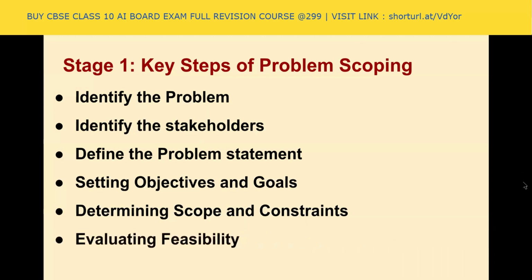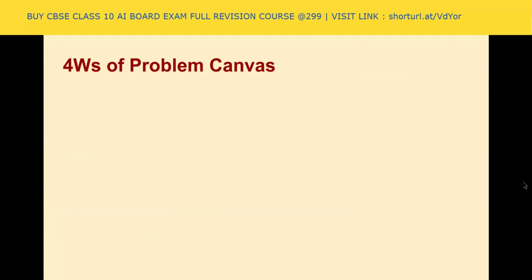And finally, we need to evaluate the feasibility. Feasibility is basically that you need to know whether this solution is possible or not. If it is not possible, obviously it's not a good idea to go ahead. Maybe the technology is not there. Charles Babbage tried to make a computer, but the technology at that time was not good enough to develop a system like that.